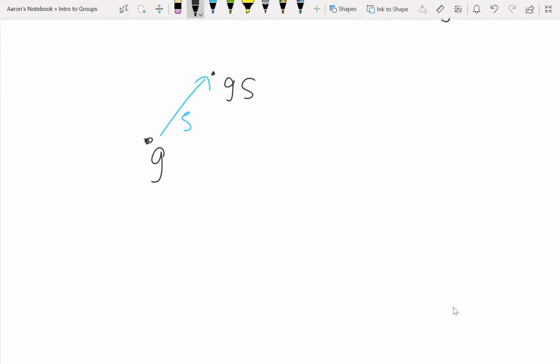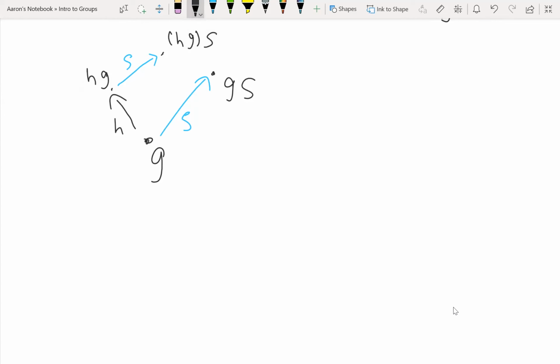We just know that G goes to GF by F, of course. Now we're going to translate this to some HG by H. And then, of course, we know that HG multiplied on the right by F is HGF, right? Because we've taken this node HG and we've applied F to it.